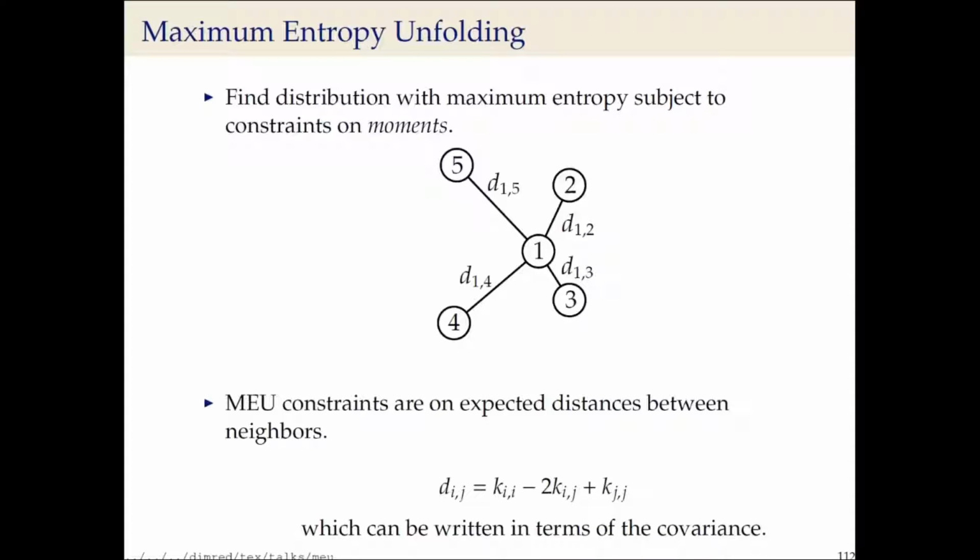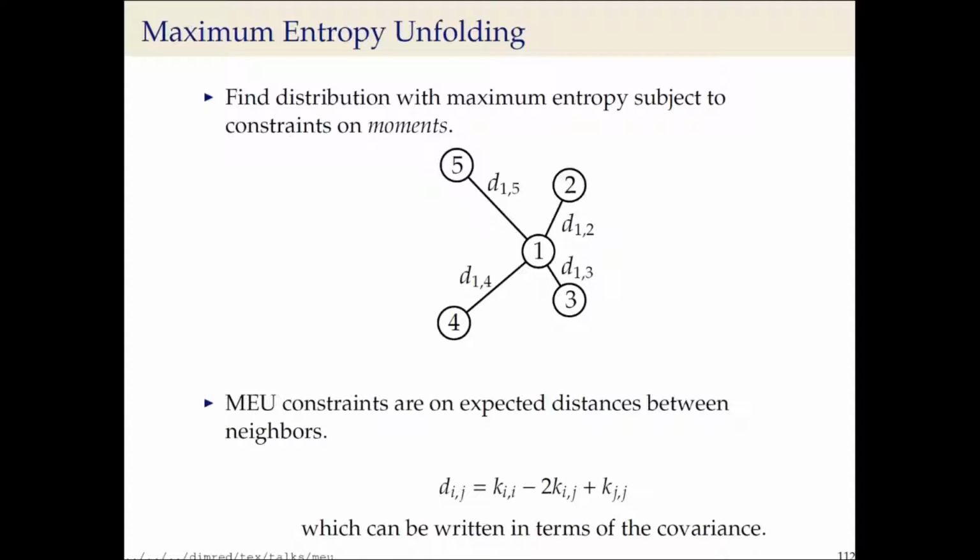So these are the distances I observed equal to the expected moments under that Gaussian density. Well, under any density. So you start by saying, I'm going to generate a density. This is known as maximum entropy methods. In maximum entropy methods, you say, give me the maximum entropy density that shows these moments to be true.